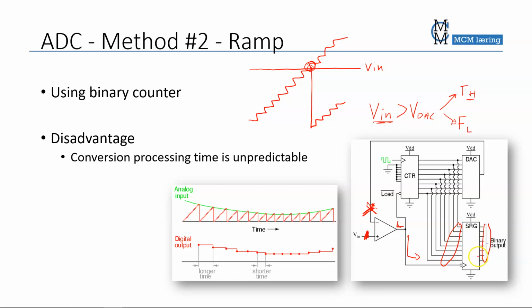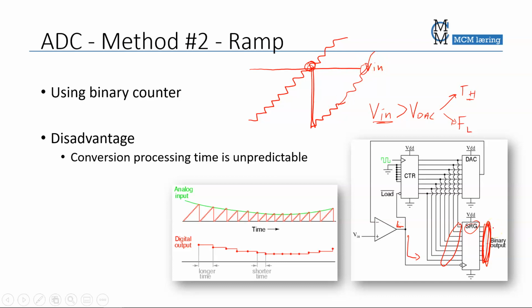And then the voltage drops again, which means that the condition on the op-amp is not true anymore, and this storage register holds that level on the outputs until the next time the ramp crosses over.